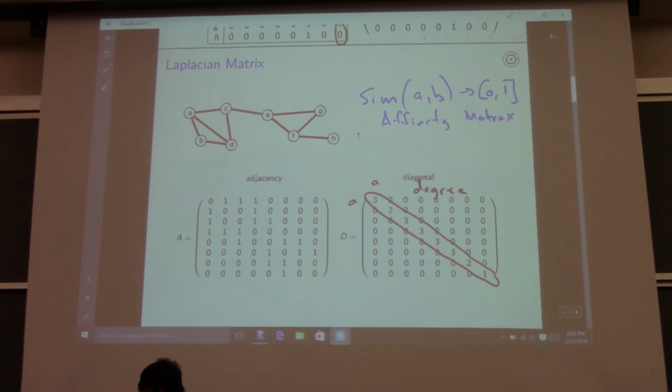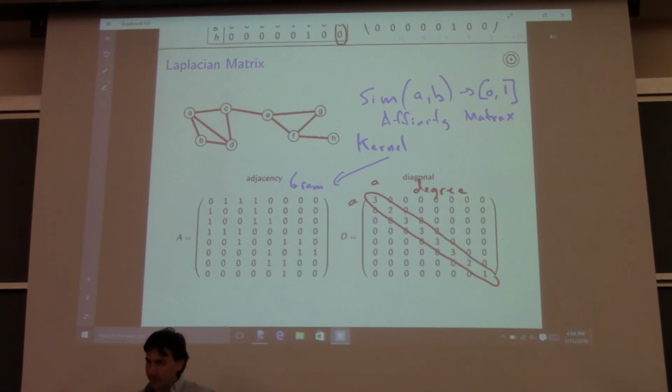Or if I define the similarity as a kernel, then this becomes what is called the Gram matrix. So a kernel, what should I say about kernels?